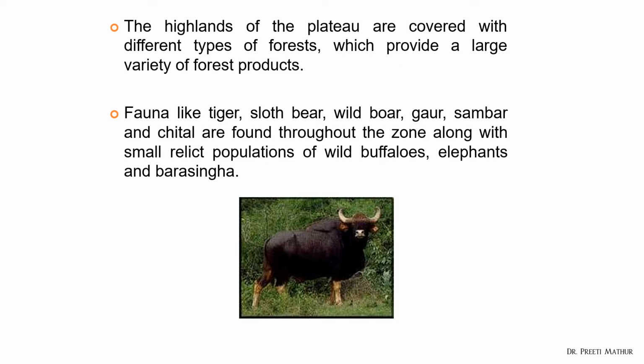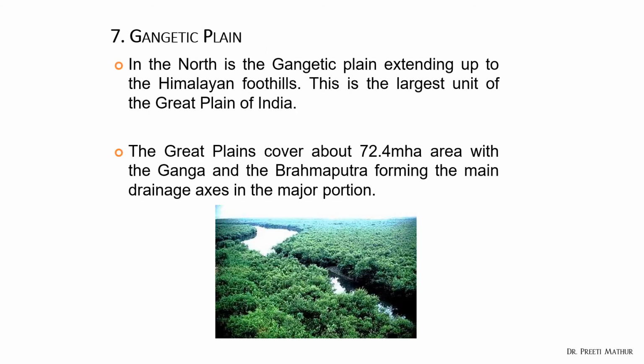Fauna like tiger, sloth bear, wild boar, gaur, sambar and cheetal are found throughout the zone, along with small relict populations of wild buffaloes, elephants and barasinghas. So you can see the picture over here, and this picture is of wild buffalo.